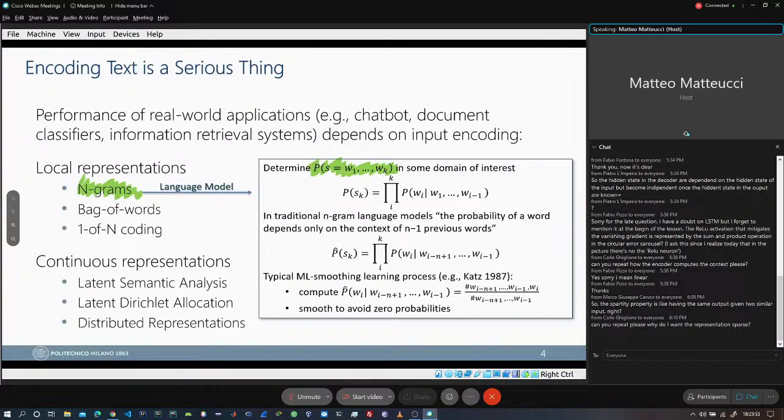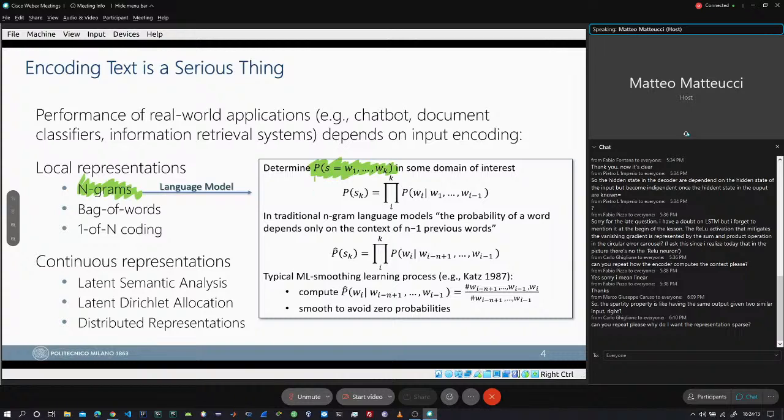So, understanding the joint probability of a sequence of words allows us to understand basically what is the underlying model of a document.